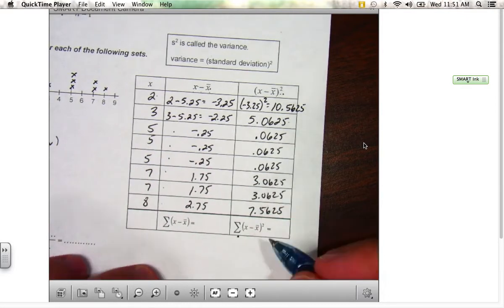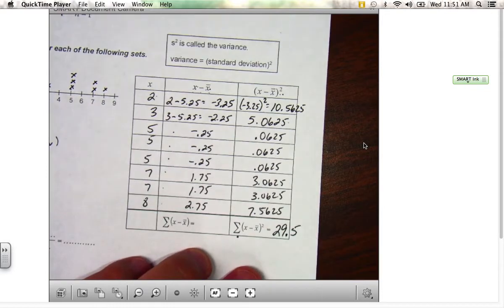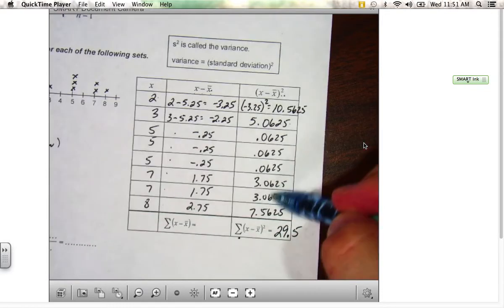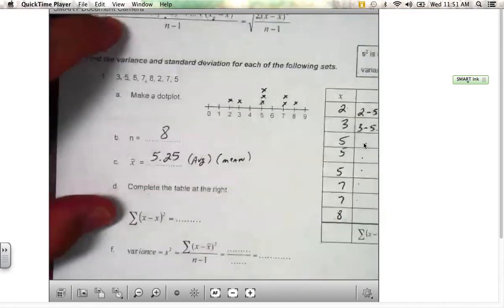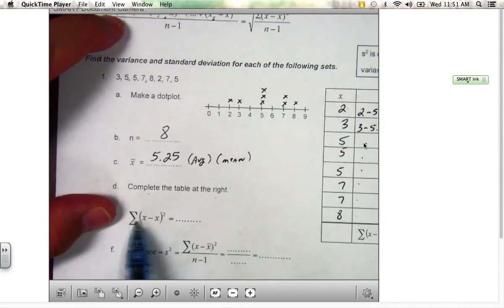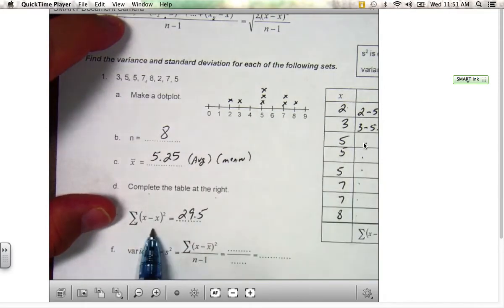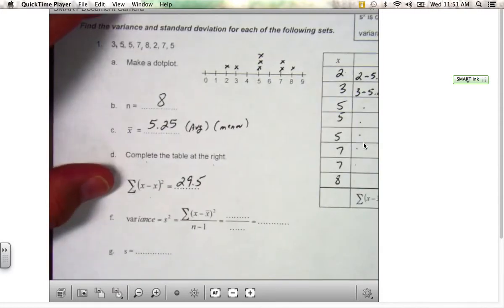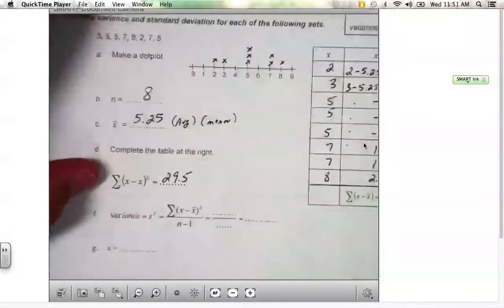This happens to be 29.5. That's the sum of that last column. That's what that sigma stands for. It means sum.